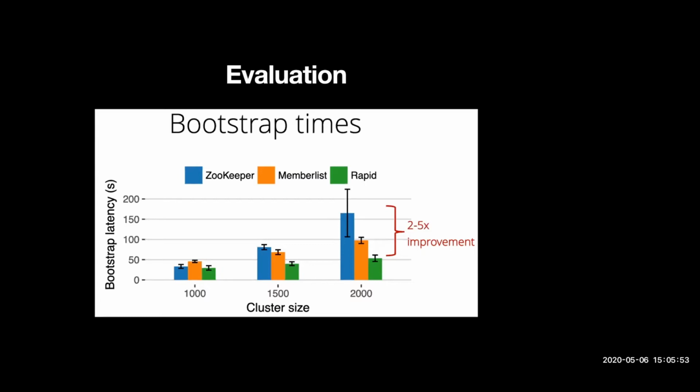But as we increase the cluster size, Zookeeper becomes non-viable. It takes too long to set up a cluster. However, as we can see, Rapid scales better than Zookeeper. It's easier to bootstrap a cluster. We can do it 2 to 5 times faster than Zookeeper.